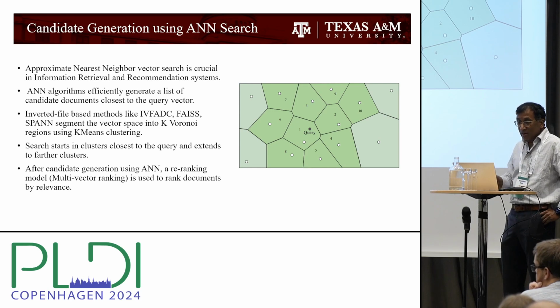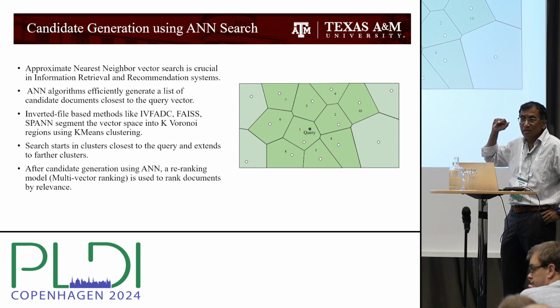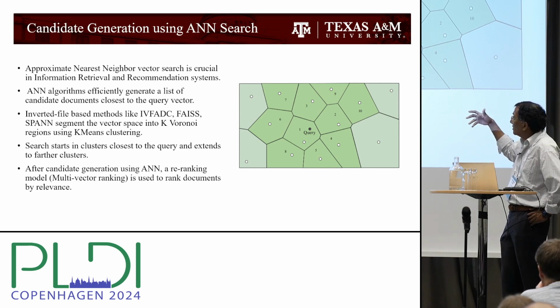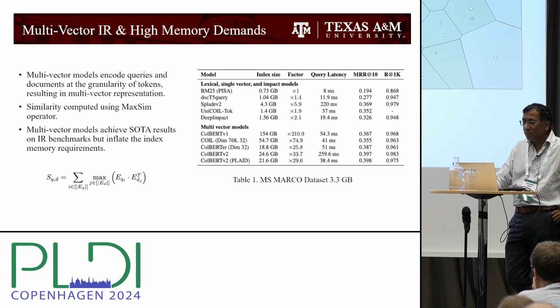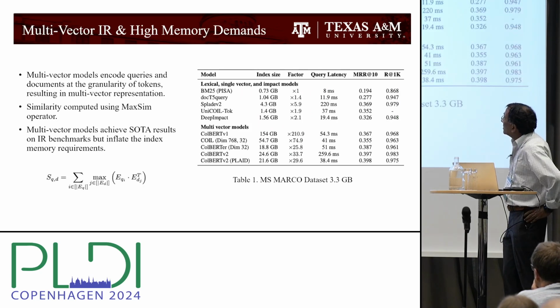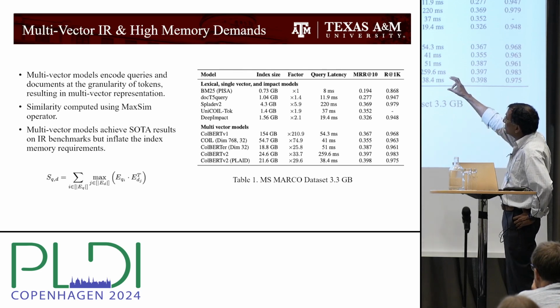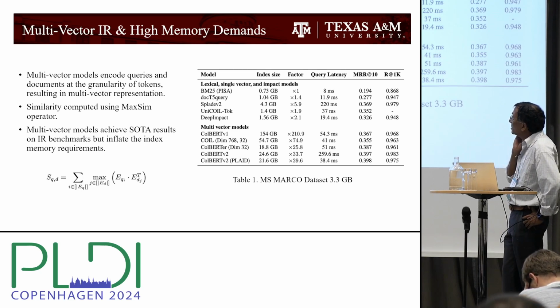In order to do all this quickly, typically what information retrieval systems do is create something called inverted indexes, and you store these inverted indexes in memory and try to use them as efficiently as possible. Just to give you an idea, the table here is showing two sets of approaches to doing the document queries.